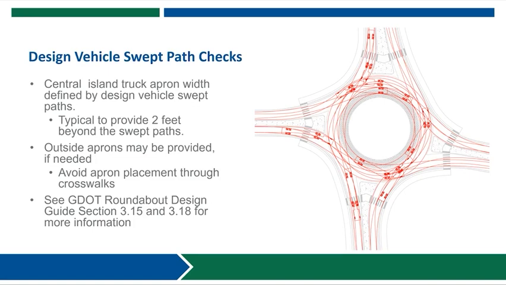Some elements of a roundabout design end up becoming outcomes of roundabout design checks rather than inputs. One example of this is the width of the truck apron around the central island.